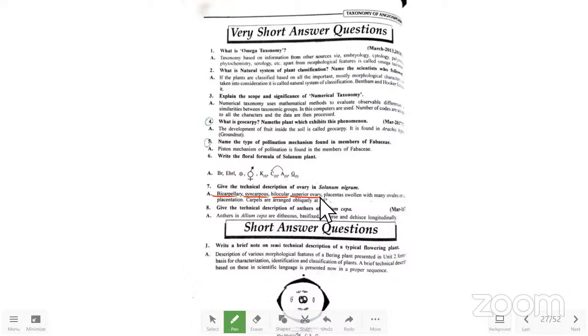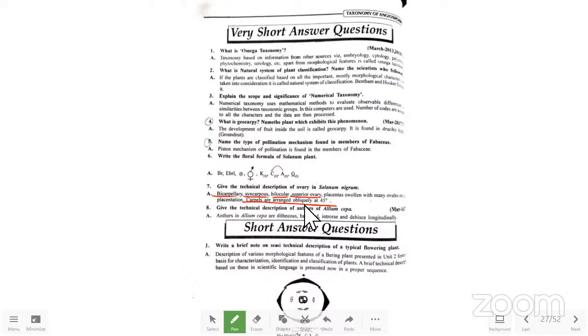Each and every locule has more than 2 ovules in it. And the carpels are arranged obliquely at 45 degrees. The septal wall turns to 45 degrees so that the locules can be 2 or 3.